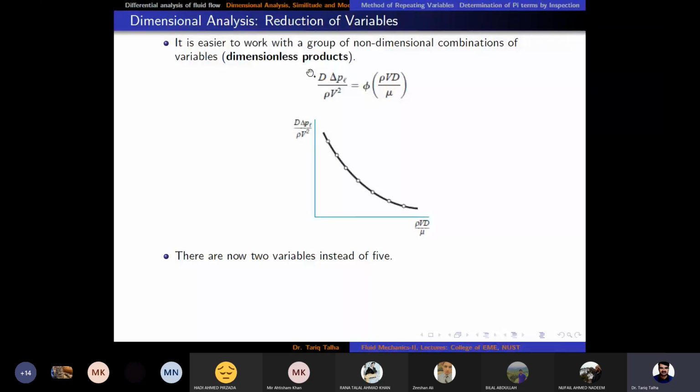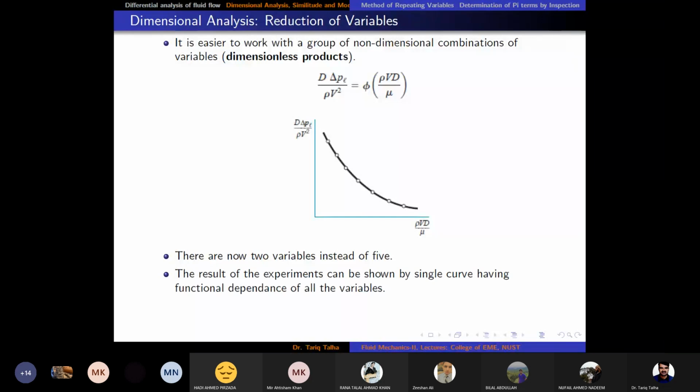Now delta P is also made non-dimensional by multiplication with diameter and division by rho V square. Now it is very easy. We need to conduct only the experiment of this quantity, the non-dimensional pressure gradient, with respect to Reynolds number. So the problem of conducting experiments is greatly simplified.